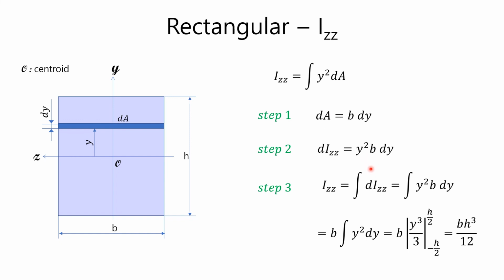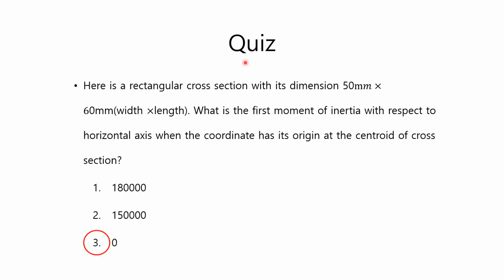Therefore, the second moment of area can be obtained by integrating this expression from minus h over 2 to plus h over 2. Consequently, we end up with b h cubed over 12. The answer to the quiz is number 3, 0.